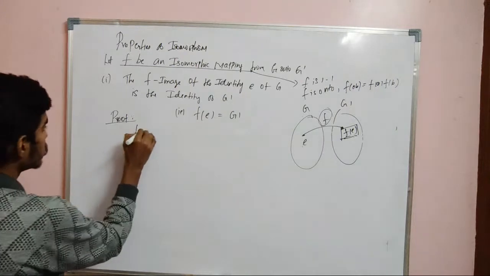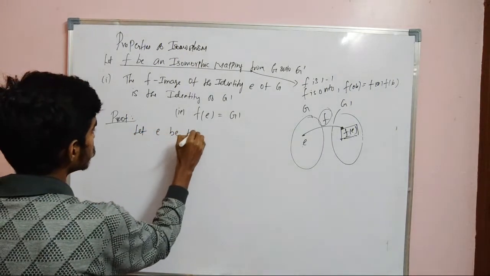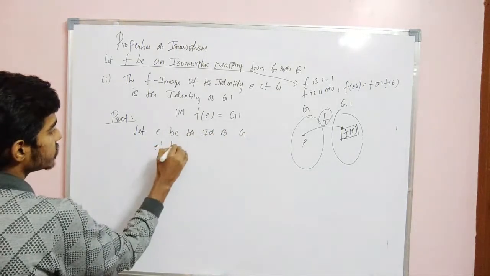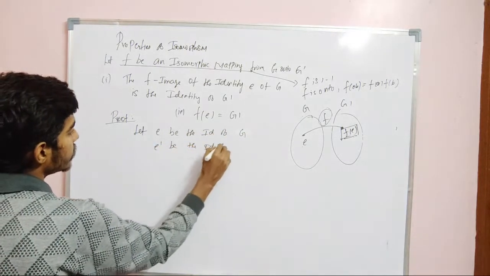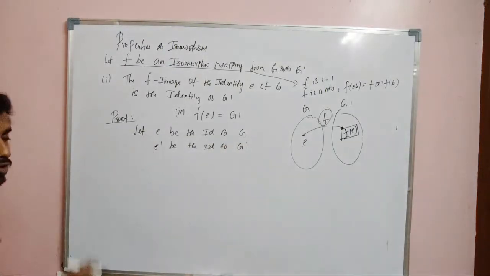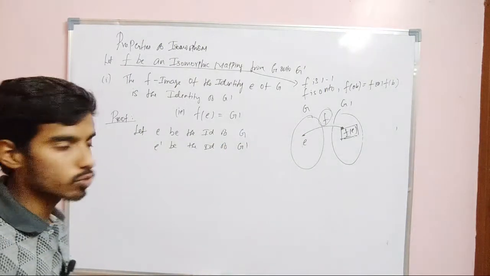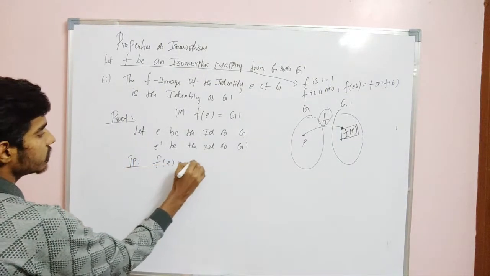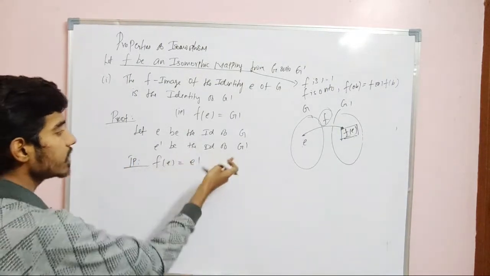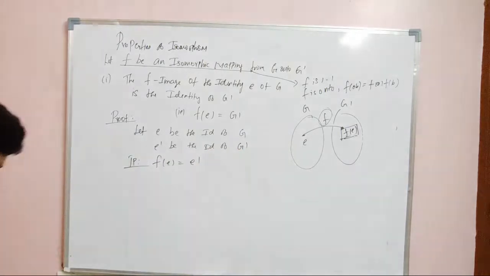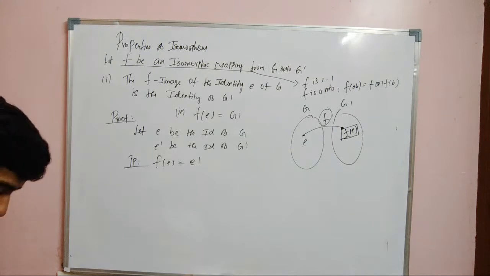So let E be the identity of G, and let E dash be the identity of G dash. What we need to prove is F of E is equal to E dash, because E dash is the identity of G dash. This is the one you need to prove.